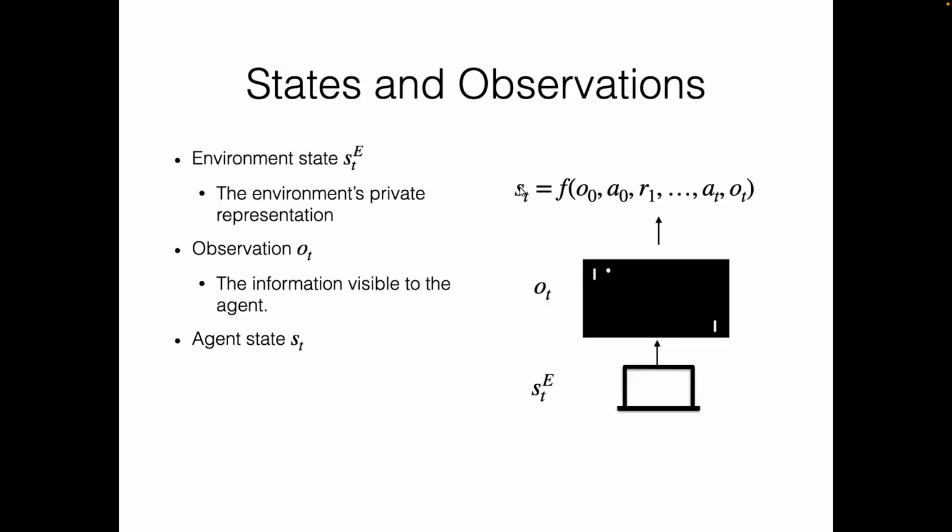And then you could define the agent's state as whatever information it's using to pick the next action. Here, if you want, it could be a function of this entire history. You could implement the agent in a way that it just saves the prior observations. It's not cheating or anything.